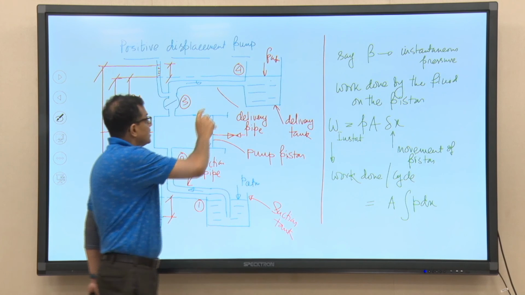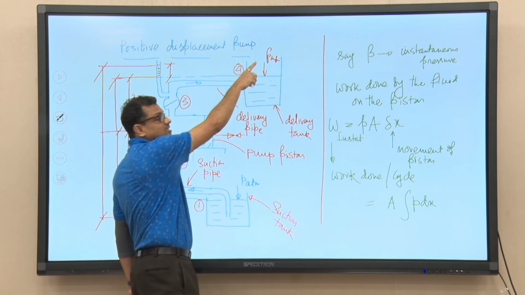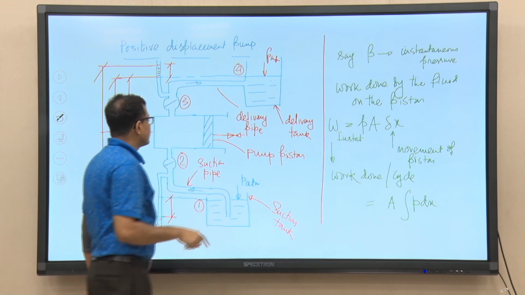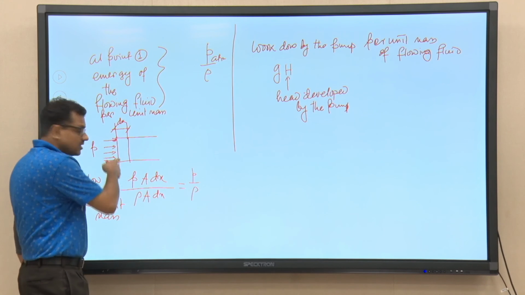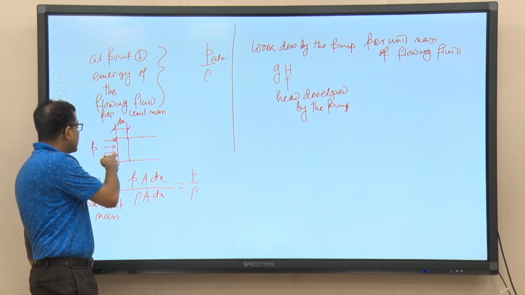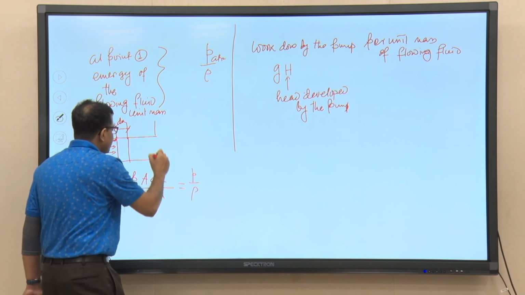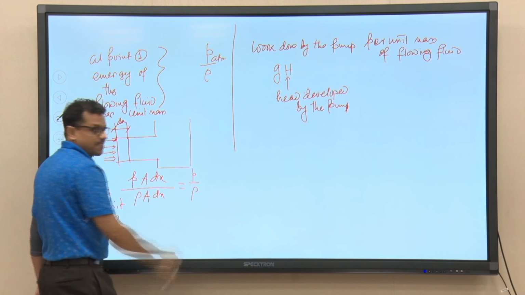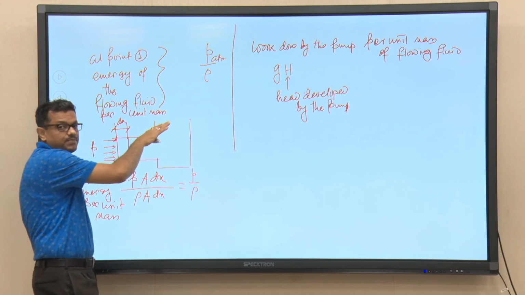The liquid is continuously going to the delivery tank against this pressure. As in the example I took, this is the delivery valve and this is the delivery tank, and there is a continuous flow to the delivery tank against the atmospheric pressure P atmospheric.